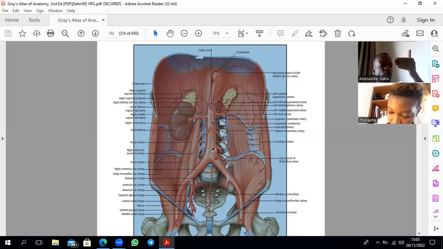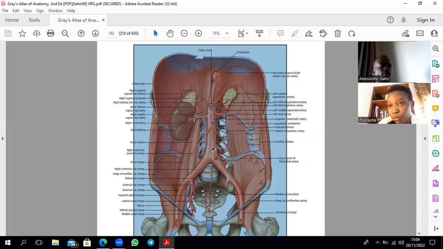Anterior means they're coming from the anterior surface of the artery. Visceral, they're going to viscera. Then there are 3 lateral visceral branches, meaning they're coming from the lateral aspect of the artery and they're going to viscera.